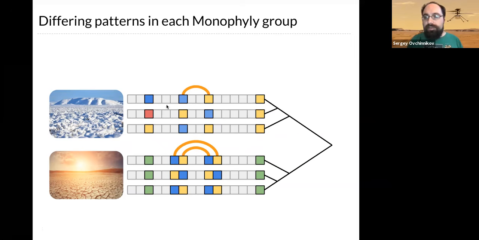So for example, maybe this forms a slightly different structure than this. And so let's say this is the protein that you're trying to model, you might be able to use some of these sites to tell you, okay, these are the sites that are most important. So you can capture the evolutionary pressure from these multiple sequence alignments.